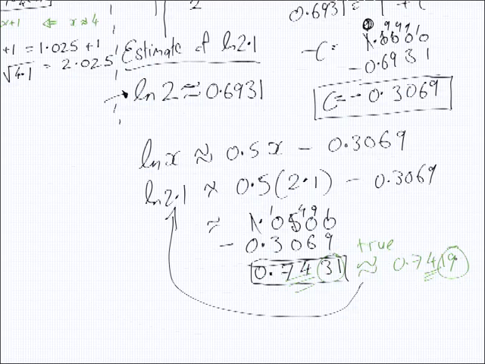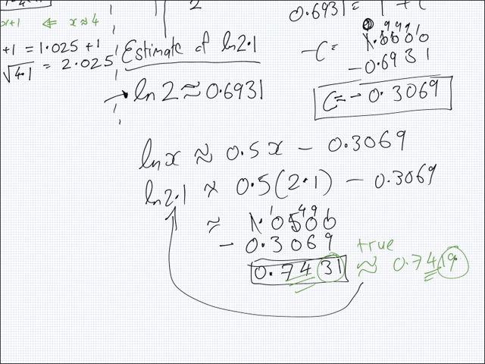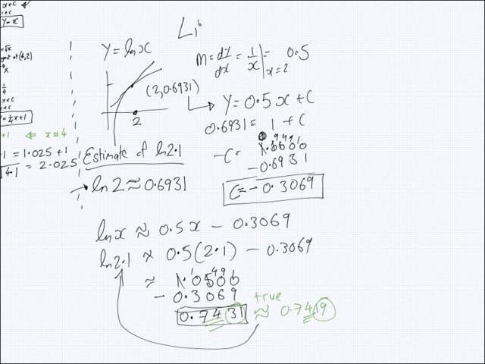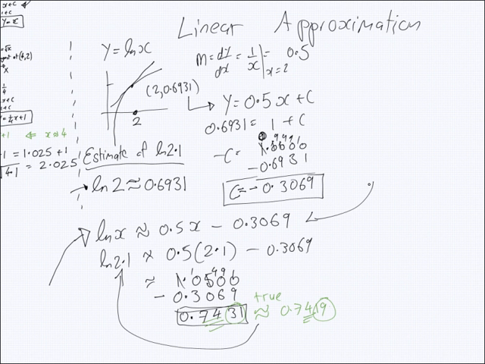Okay, so this is an example. This method here is what you would call a linear approximation. What you're doing is replacing something which is not linear with something that is linear. It's a very standard technique for simplifying problems. You see this a lot in science, in physics, chemistry and biology.